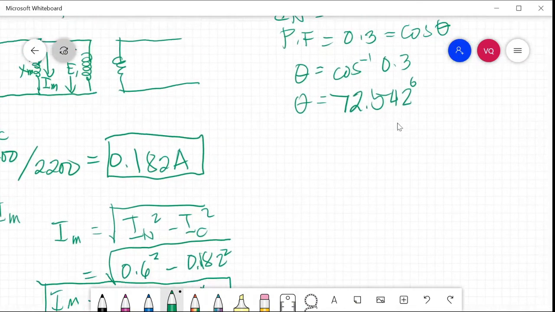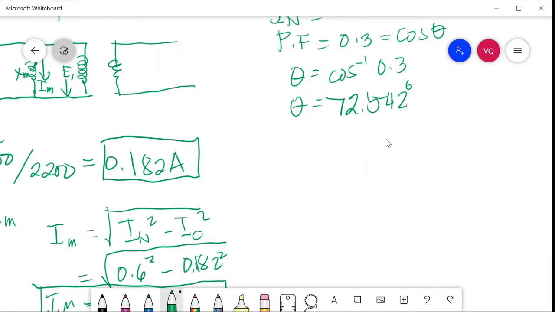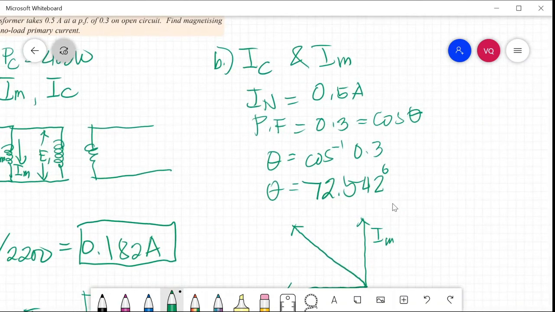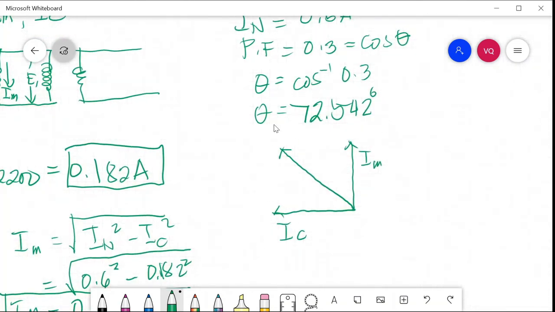So if you will draw the vector diagram of this, IM and IC are unknown. IN is given, which is equal to 0.5. And the theta here is equal to 72.542. So we can solve this one using SOHCAHTOA.